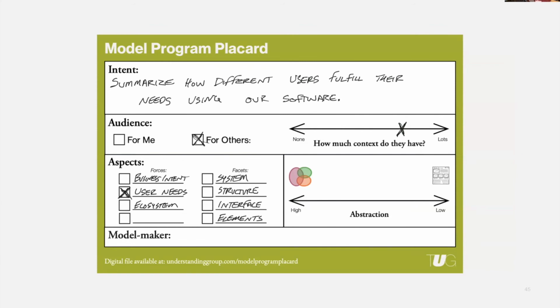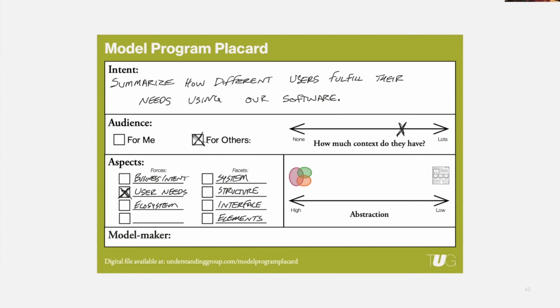Summarize how different users fulfill their needs using our software. Okay, so we're talking about software. Software has business intent, right? There's a reason the business does it. There are user needs for why people use it. There's an ecosystem: is this a piece of software that's being used in the field or on a computer with a bunch of other pieces of software? We're talking about the software itself.